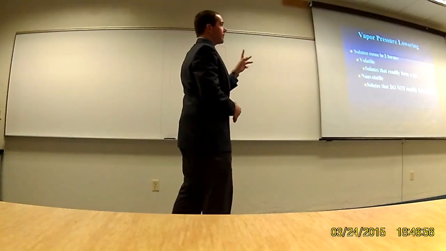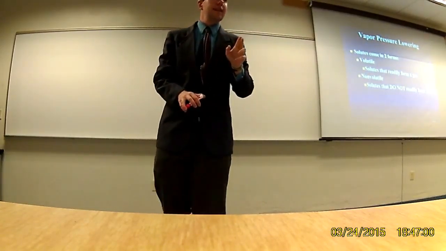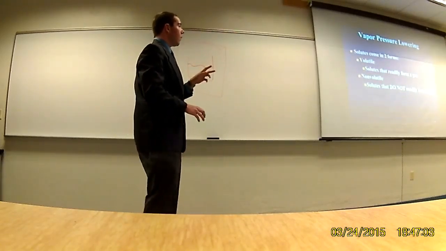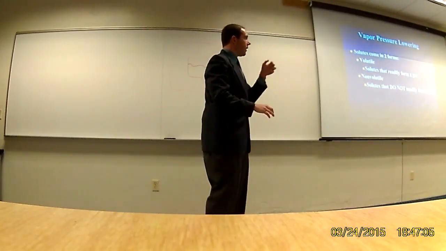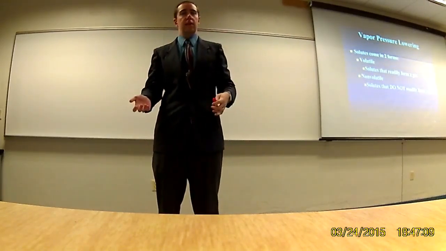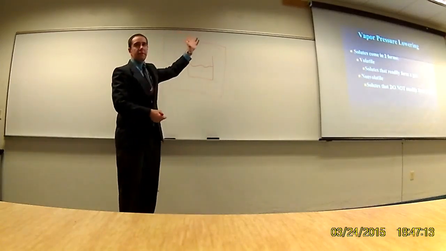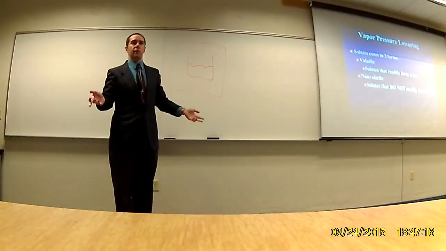There are two types of solutes that we can have. We can have a solute that is volatile or ones that are non-volatile. A volatile solute is something that will form a gas. If we have a solute that forms a gas, it's just going to leave itself. And then we're back to where we started.